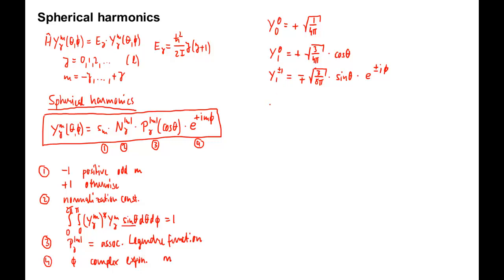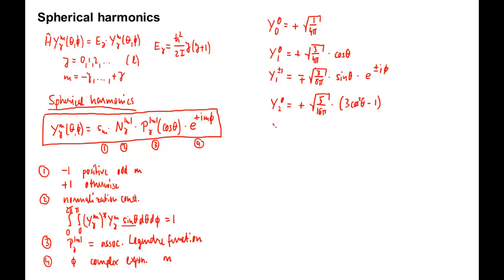For j equals 2, the simplest harmonic Y_20 is equal to positive square root of 5 over 16 pi times 3 cosine squared theta minus 1. Since m equals 0, there is no phi-dependent complex exponential. However, the theta dependence got a bit more complicated.